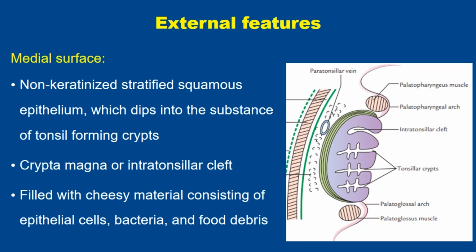Then the external features of the tonsil. The tonsil has a medial surface, a lateral surface, and an anterior and a posterior pole. First we'll see the medial surface. Here we can see this is the medial surface of the tonsil, and it is lined by non-keratinized stratified squamous epithelium, which dips into the substance of the tonsil, forming the tonsillar crypts.